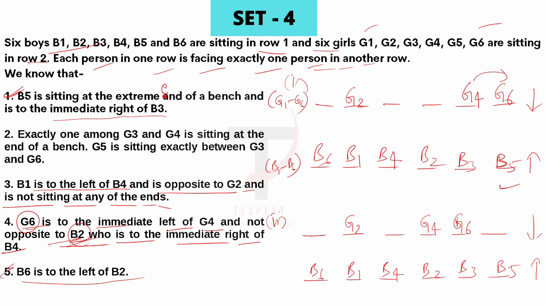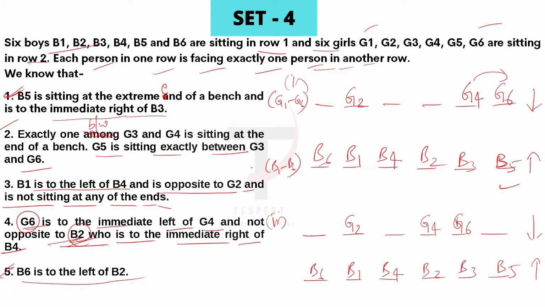And the only statement that is left is the second one. Exactly one between G3 and G4 is sitting at the end of a bench, and it is also given that G5 is sitting exactly between G3 and G6.